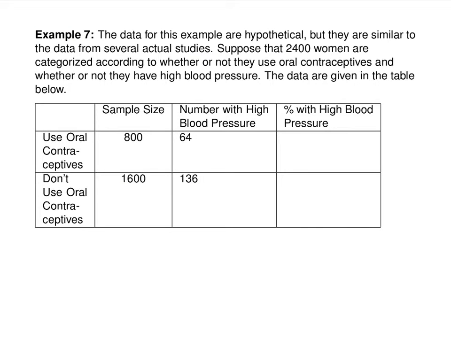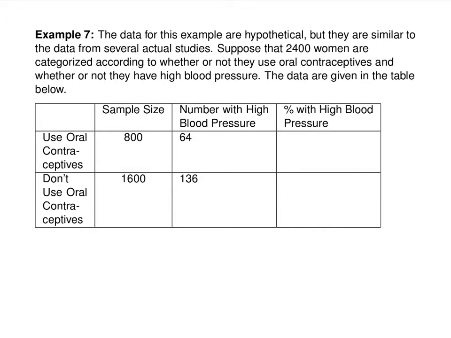So, here is an example with actual numbers. This is hypothetical, but similar to data from several actual studies. We have 2,400 women, categorized according to whether or not they use oral contraceptives and whether they have high blood pressure. People in the 800 category take oral contraceptives.